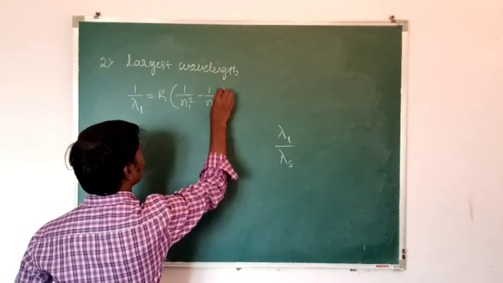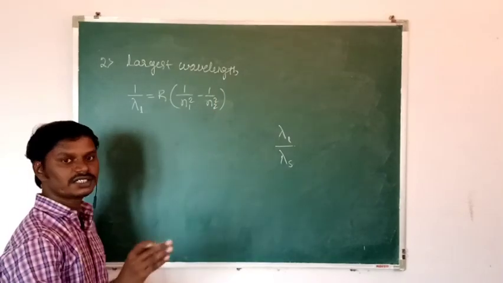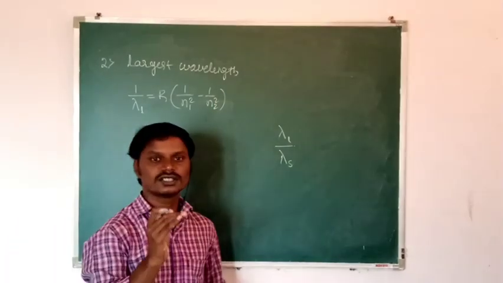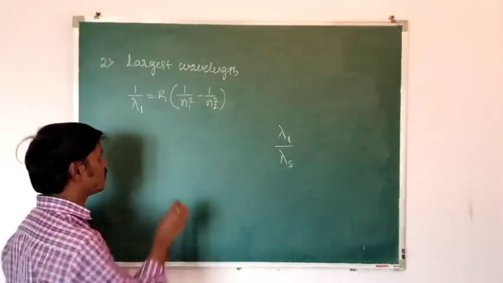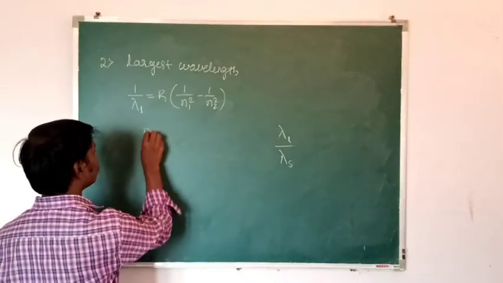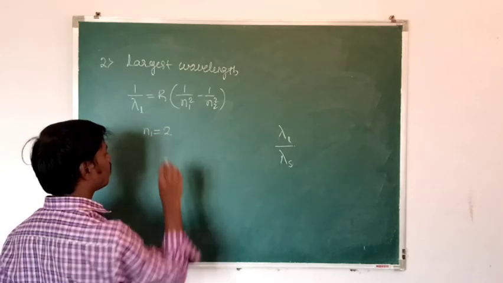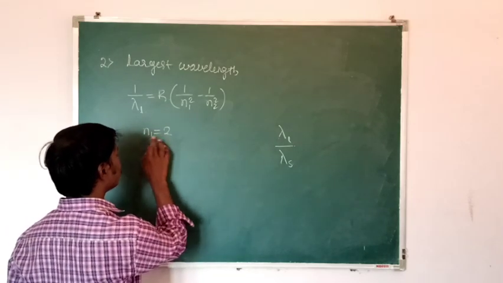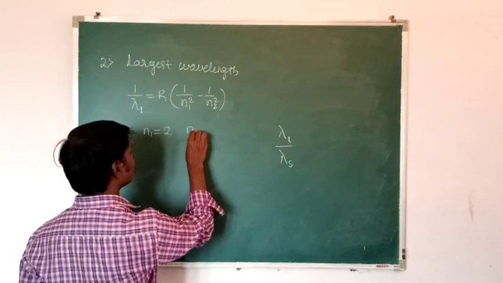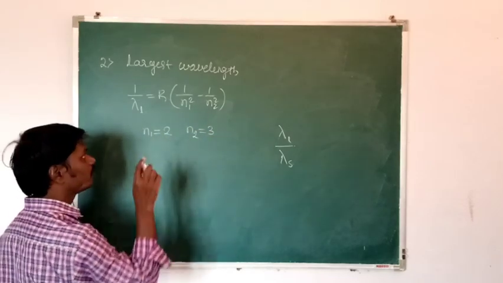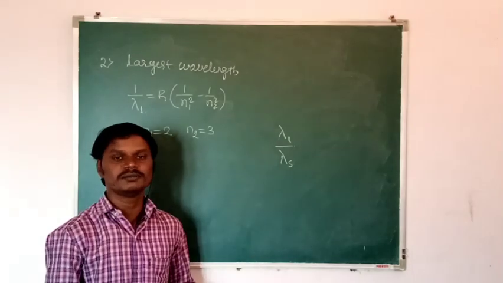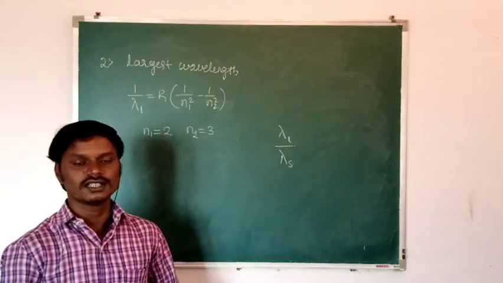We will get the largest wavelength only when the transition of an electron is from the nearest orbit to the ground orbit in the given series. So which is the ground orbit in the Balmer series? That is second orbit. And which is the nearest orbit for the second orbit? That is third orbit. If the electron jumps from third orbit to second orbit, we will get the largest wavelength of the emitted spectral line or emitted electromagnetic radiation.